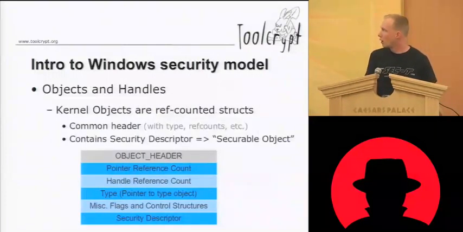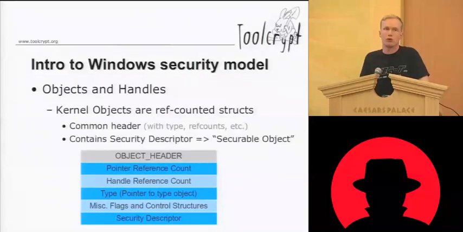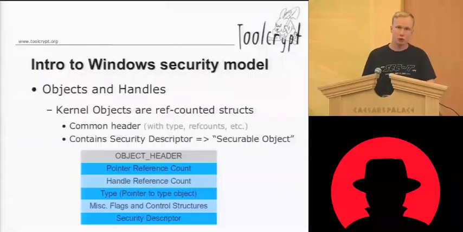Now, resources in Windows are most of the time represented by so-called objects in the kernel. This has nothing to do with object-oriented programming or anything like that. They're just called objects.